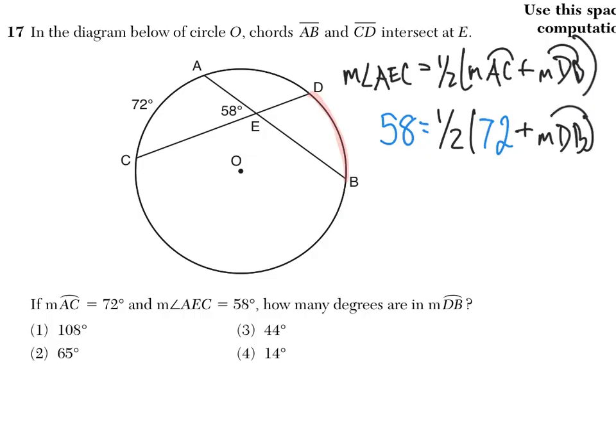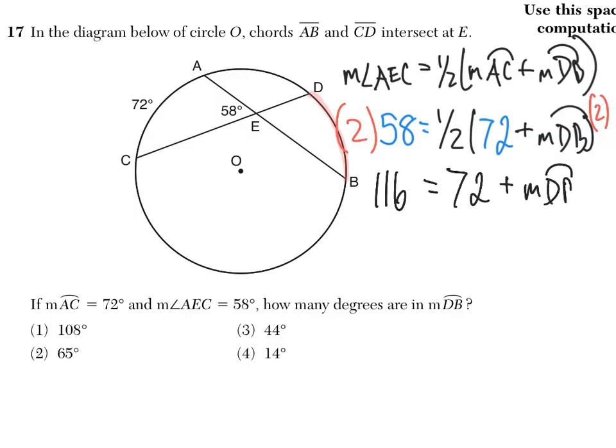All right, and so we're going to need to isolate ultimately this variable, of course. We're going to multiply both sides by the reciprocal of 1/2, which is 2. Multiply the left side by 2, we'll multiply the right side by 2. 58 times 2 is going to give us 116. And we're left with 72 plus arc DB.